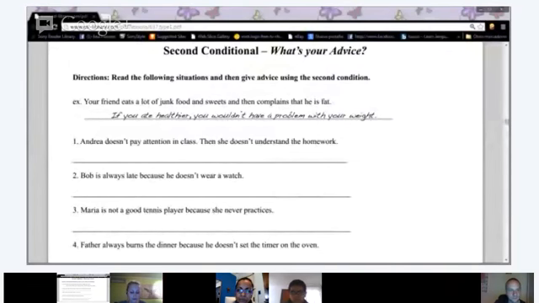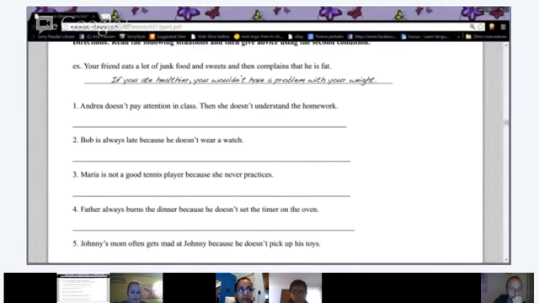Edie's number 3, please. Maria is not a good tennis player because she never practices. If she practices more, she will be a good tennis player. Okay, so here we want to use simple past.